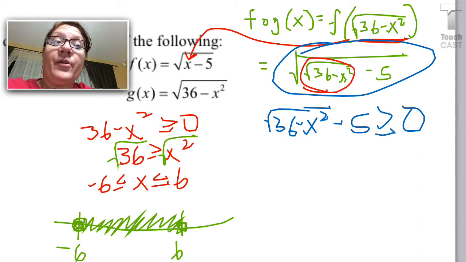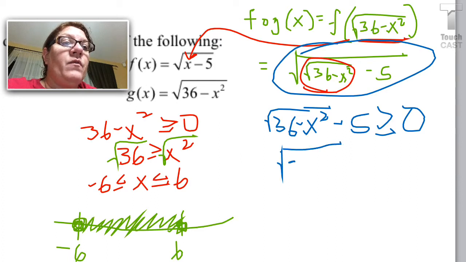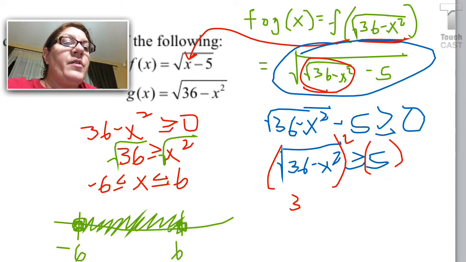Look, I jumped it up here in the corner. Okay, so if I solve this, of course, I have to first move the 5 over. It's greater than or equal to 5. Then I'll have to square both sides to get rid of that square root. So I'll have 36 minus x squared greater than or equal to 25.